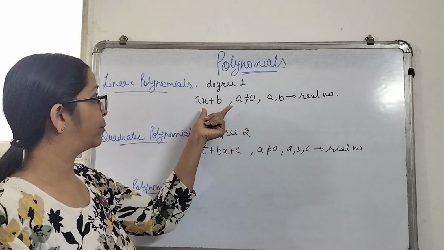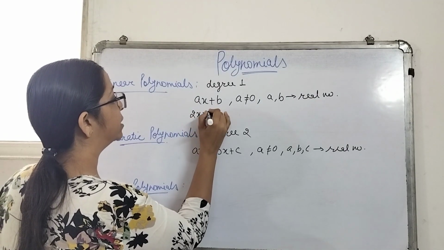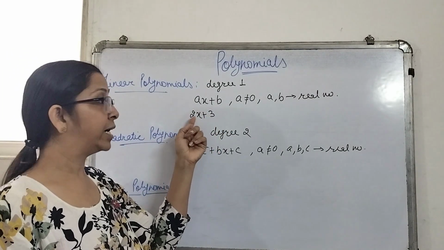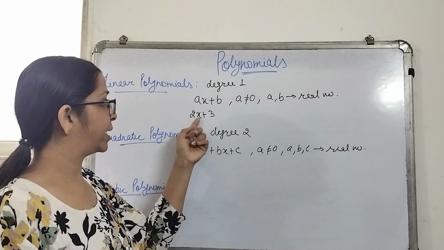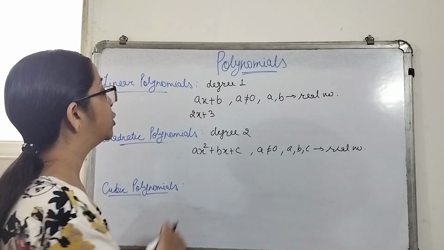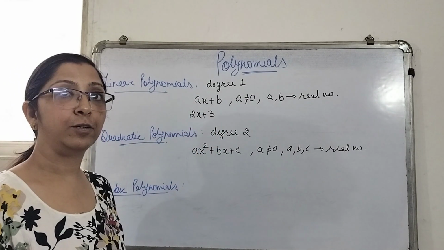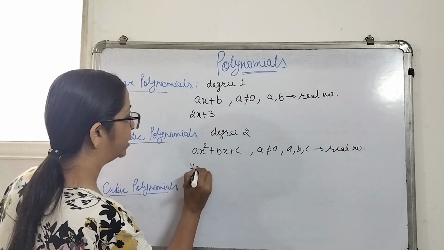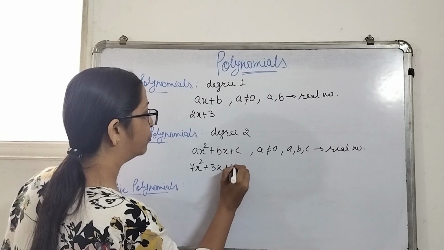We can take the example of a linear polynomial as 2x plus 3. The variable is x and its degree is 1. 2 is the coefficient of x and 3 is the constant term. Similarly, an example of a quadratic polynomial could be 7x square plus 3x plus 4.